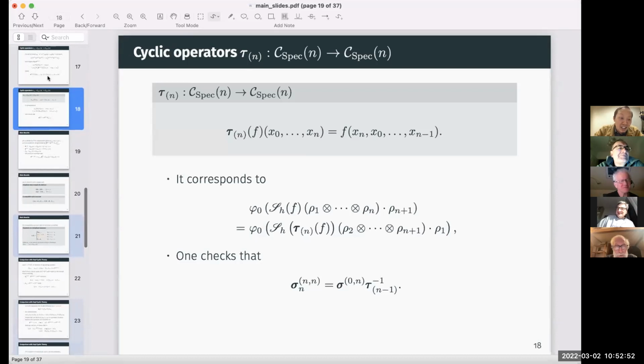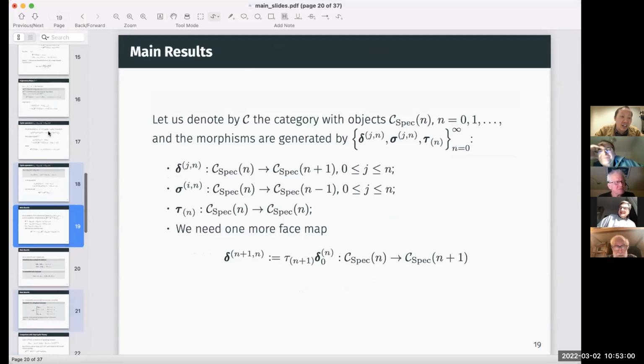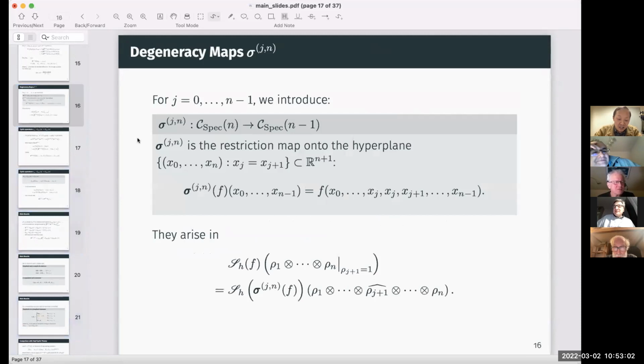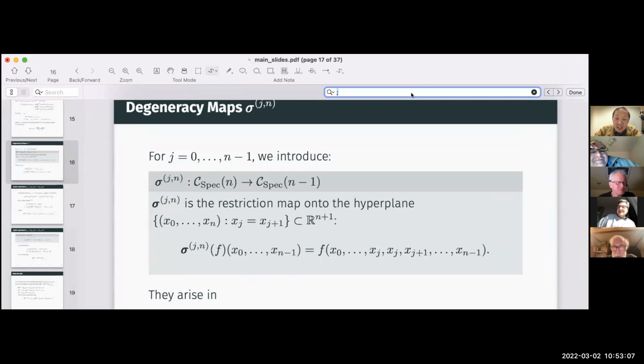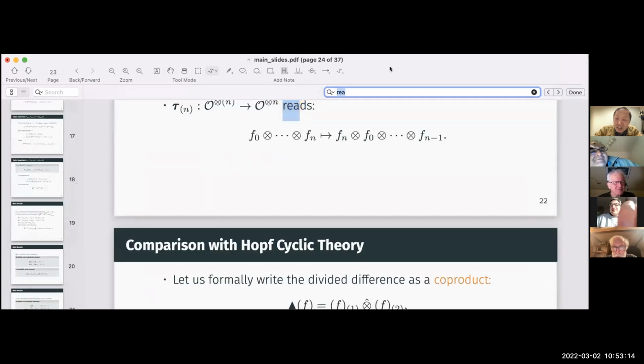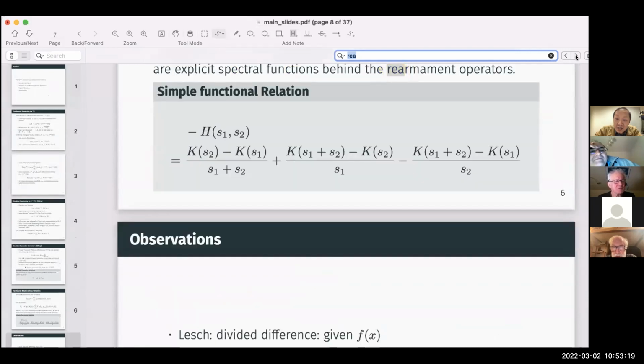Look for the word rearrangement. Close to the beginning. Rearmament, I think it was. Put an R after re. And then go to the next. Yes, indeed. Amazing. Okay.